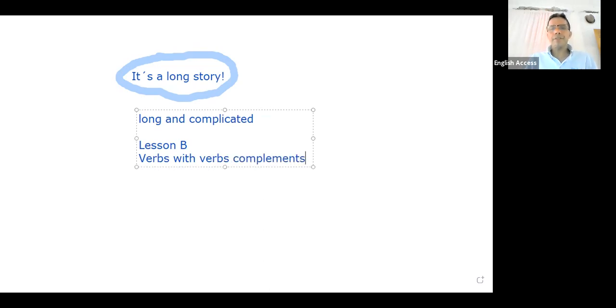As you saw in the activity, in the games, we are going to work with verbs plus ing verbs and verbs plus infinitives.